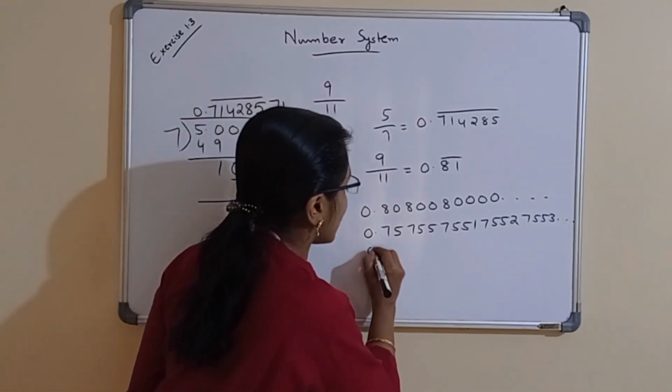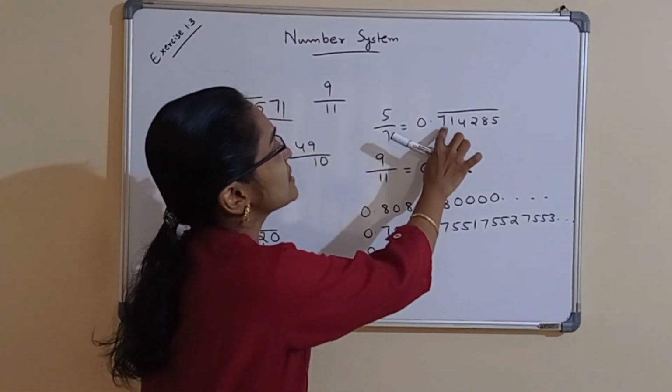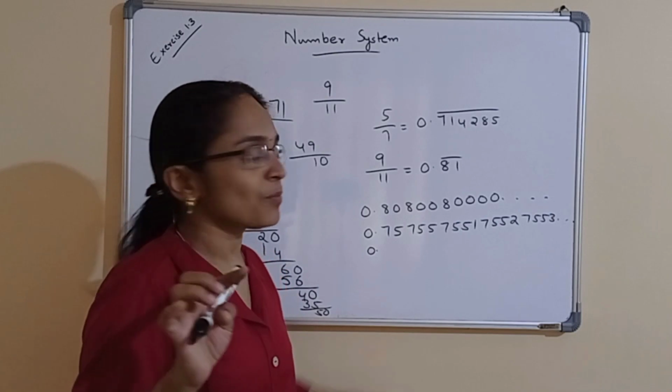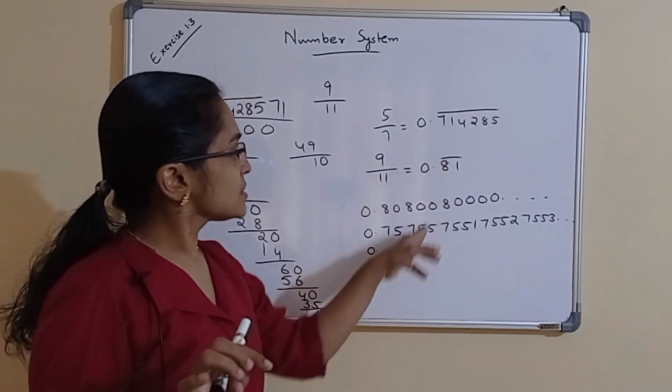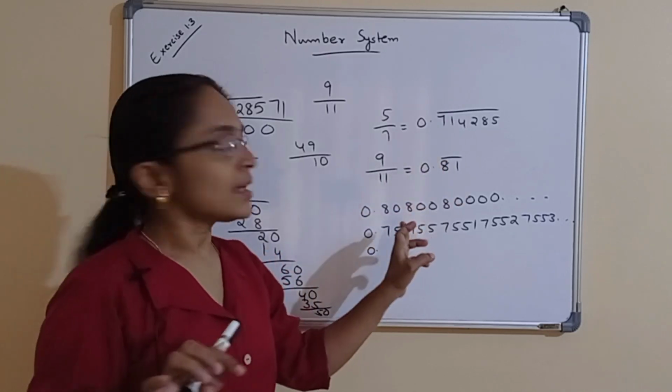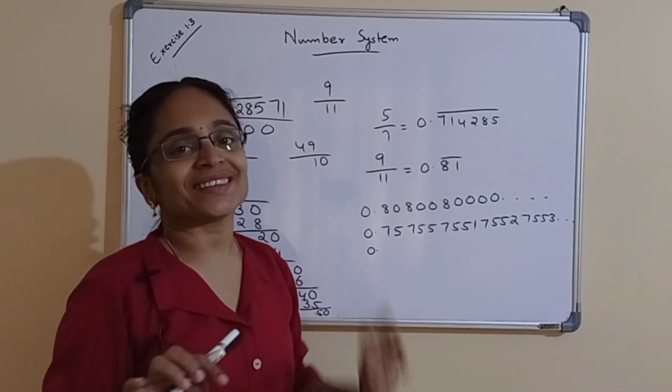Now we can have 0. It should be between 0.7 and 0.8, between this and this. So this is between this, and this is also in between this.